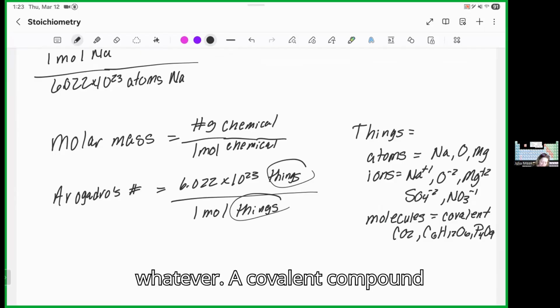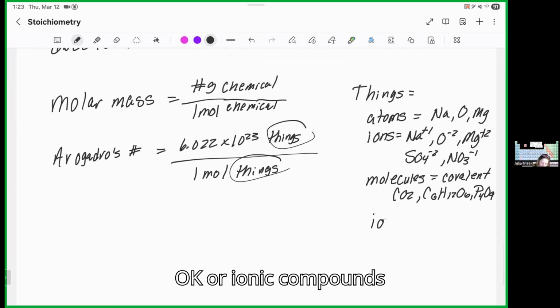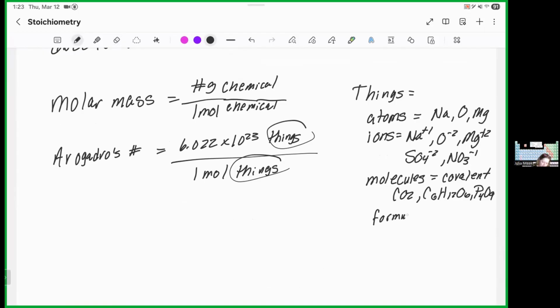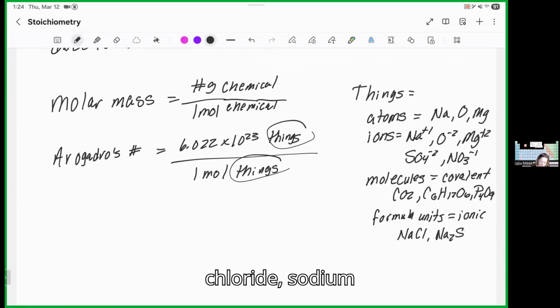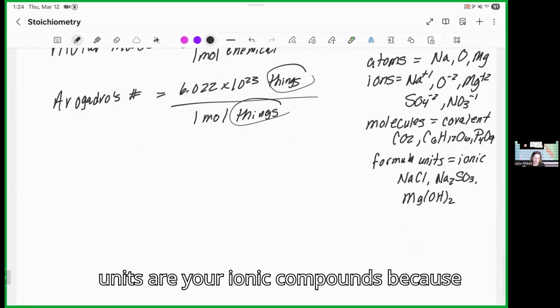A covalent compound. Okay, or ionic compounds, which are, oh, sorry, let me go the other direction. Formula units, which are your ionic compounds. So like sodium chloride, sodium sulfite, magnesium hydroxide. Okay, so formula units are your ionic compounds.